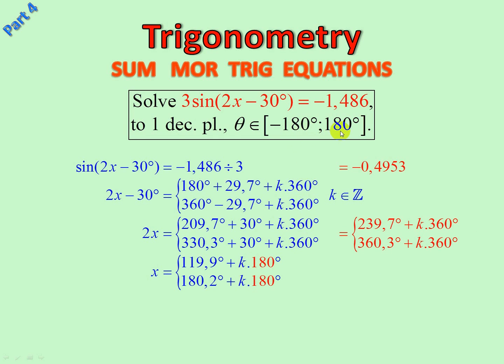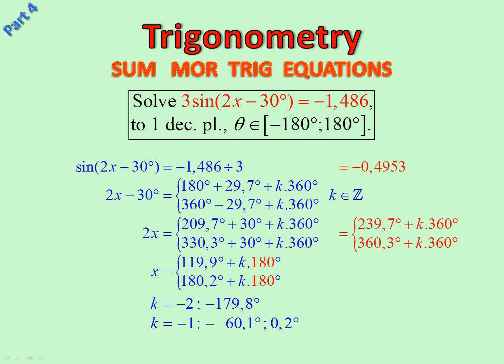Now I have to go from negative 180 to 180. So I can go 180 back there. I can't go back 360. I can go back 360 there. So I'm going to start with k equals negative 2. Because see, negative 2 there would give you that minus 360, which actually is that answer.